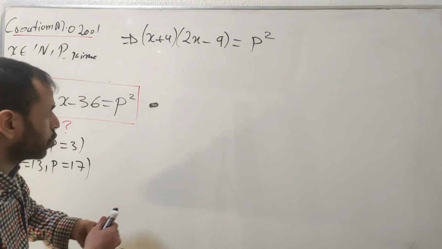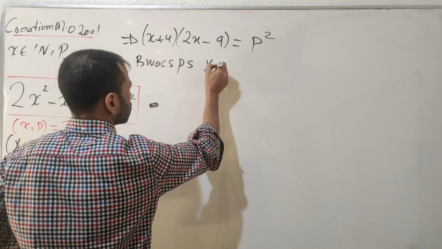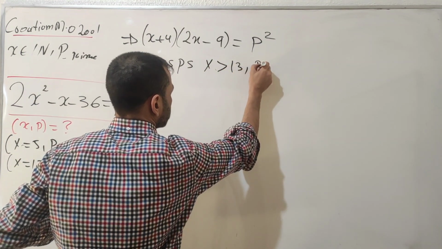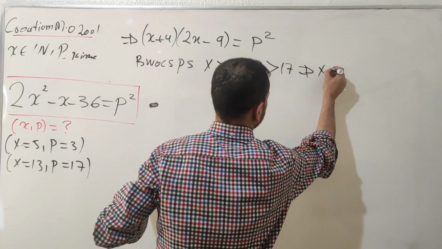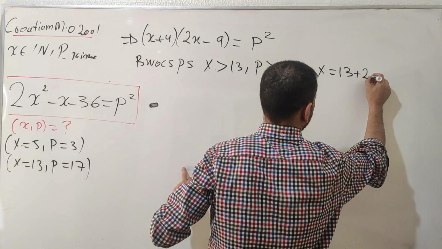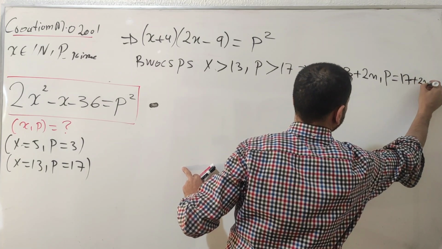Okay. But by way of contradiction, suppose x is strictly greater than 13 and p is strictly greater than 17. This implies x is going to take 13 plus 2m and p is taking 17 plus 2m.